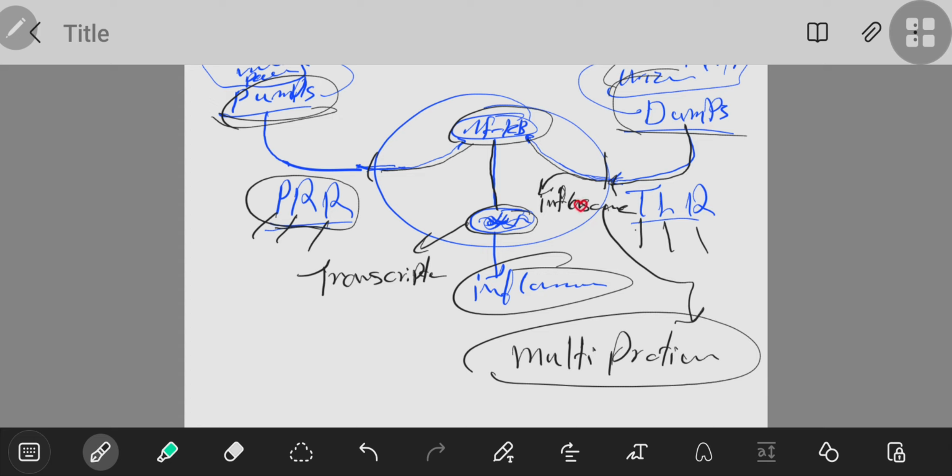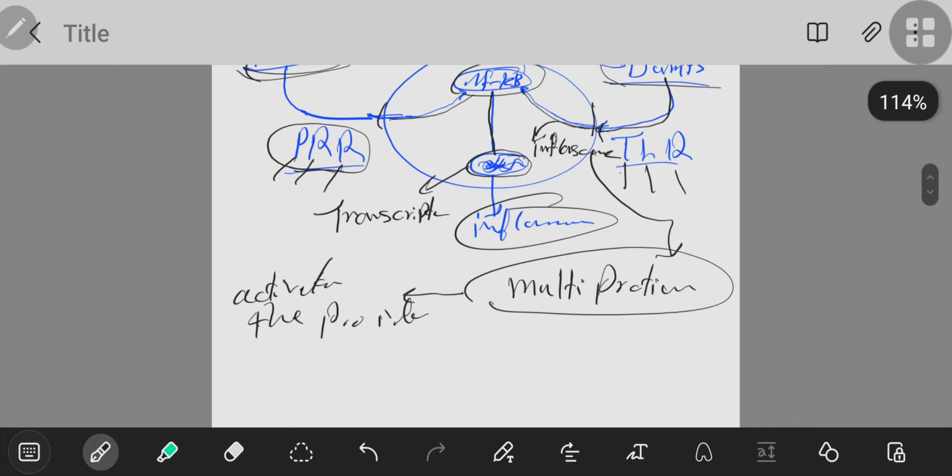Once the inflammasomes are activated, they activate the pro-inflammatory cytokines, like IL-6, etc. The pro-inflammatory cytokines are already in the cell, as with NF-κB, in an inactive form, like sleeping.